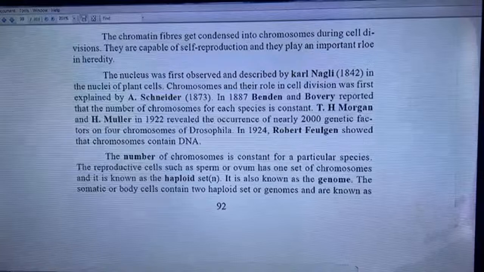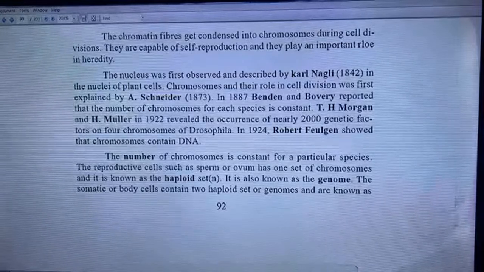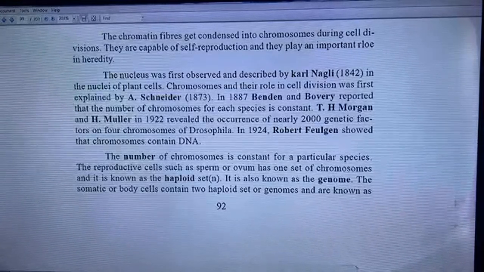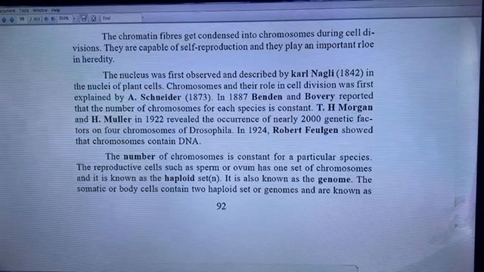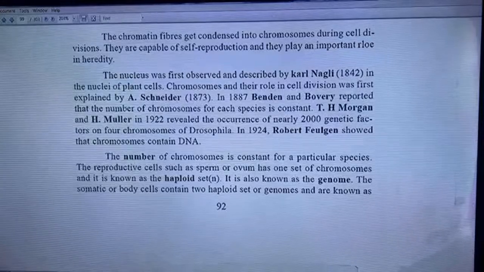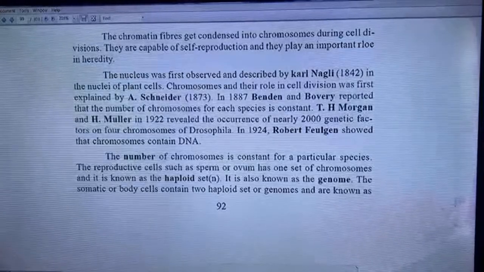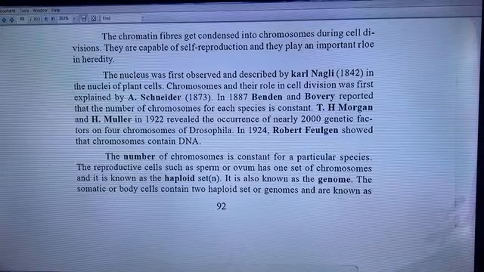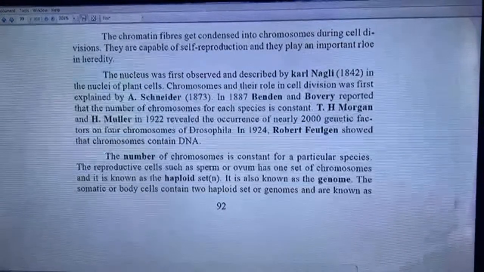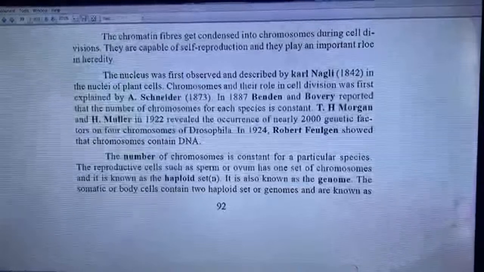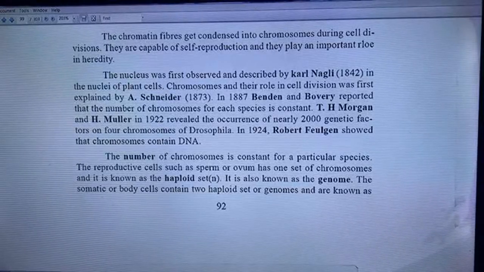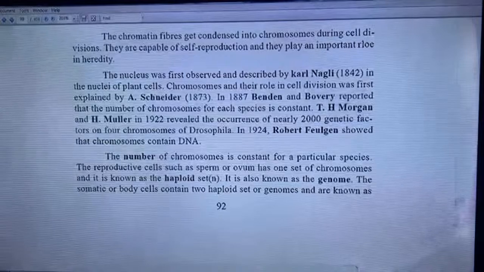In 1873 and 1885, Van Beneden and Boveri reported that the number of chromosomes for each species is constant. T.H. Morgan and H. Muller in 1922 revealed the occurrence of nearly 2,000 genetic factors on four chromosomes of Drosophila. And in 1924, Robert Feulgen showed that chromosomes contain DNA.